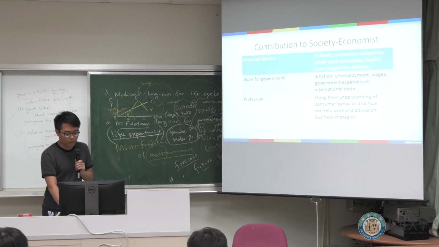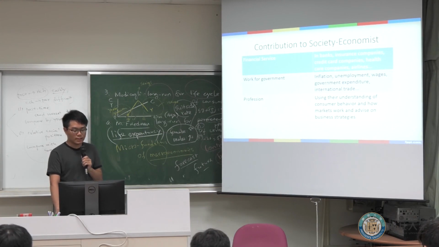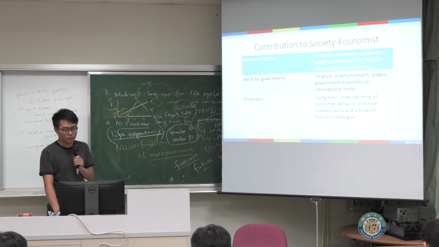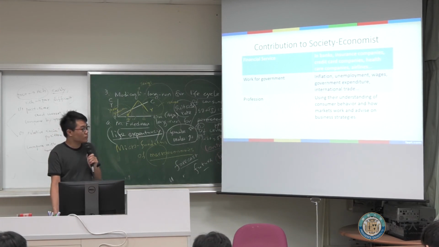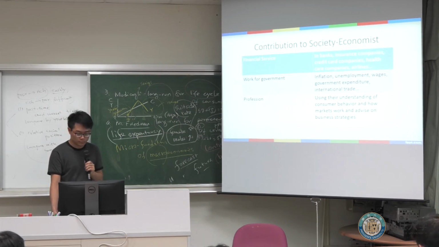And some of them will also work for the government. They will gather the data and analyze the inflation rate, unemployment rate, wages, government expenditure, and the international trend in a country. And their professions use their understanding of consumer behavior and how markets work to advise on business strategies.